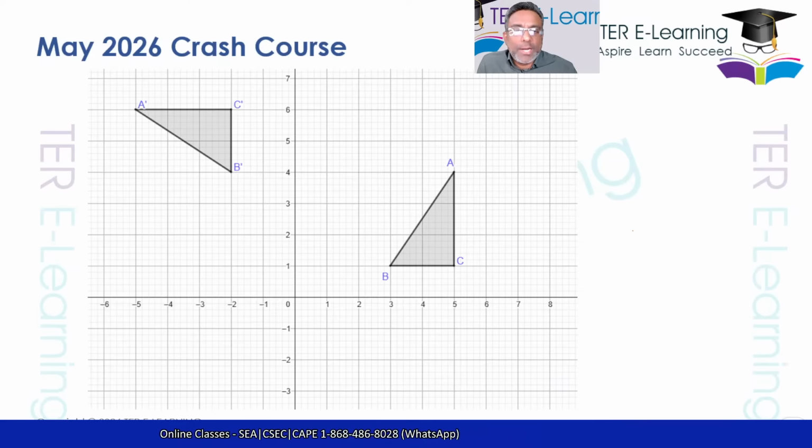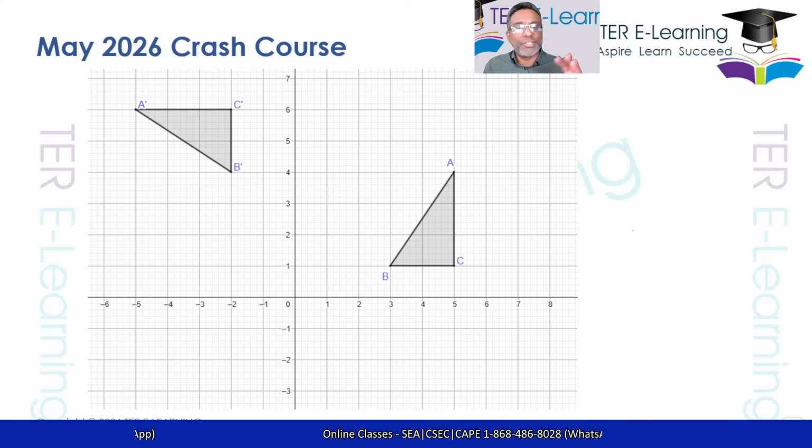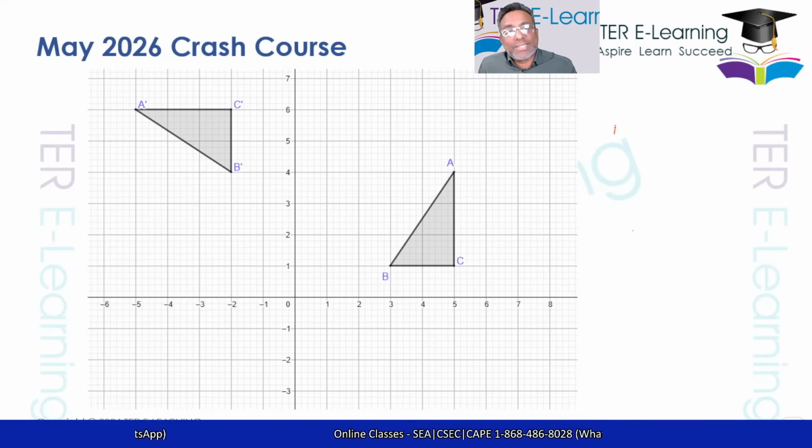First of all, to know if something is a rotation, what you're going to notice is that the object and the image have the exact same size. So we can tell if it's a rotation or not. Now, if you have to describe a rotation, there are several things CXC wants in order for you to get the full marks. If it's a rotation, you must specify it's a rotation.